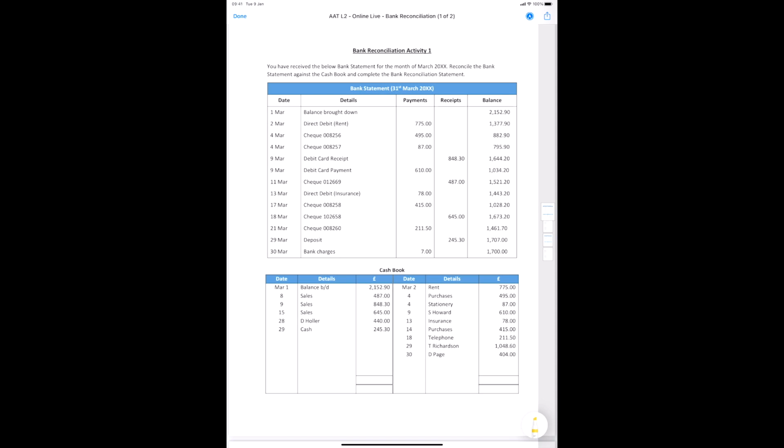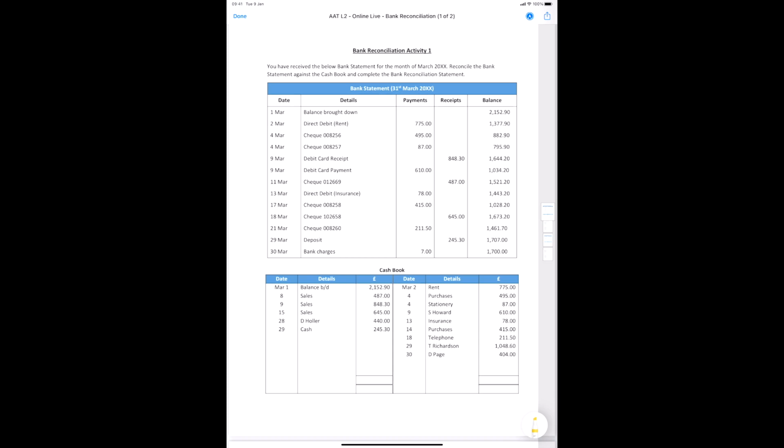Perfect. So just before we get into this, we're going to have a look at, first of all, what do we mean when we say a bank reconciliation? There are two documents which we are going to be looking at. We're going to be looking at a bank statement sent to us from the bank, and we're going to be looking at an extract of a cash book so we can see an internal record of what the business sees within its own bank account.